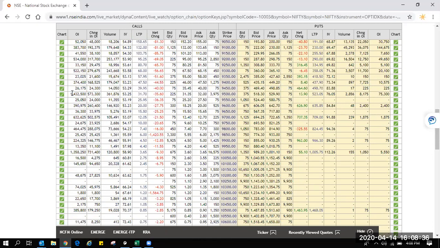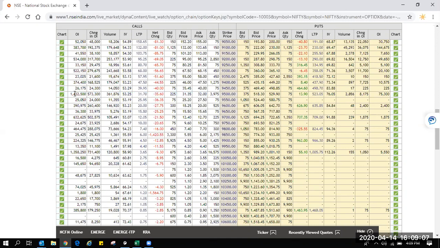I will explain later why it is called first, second and third and what its significance is. But please understand, whichever is the maximum value coming up in the OI is the first level of resistance. That means your market will stop there, meaning the majority of people are expecting the market should not go beyond 9500. That is why we have 14 lakh 32,500.